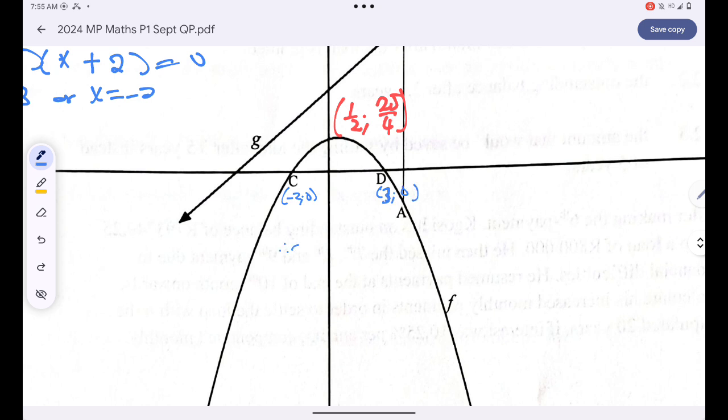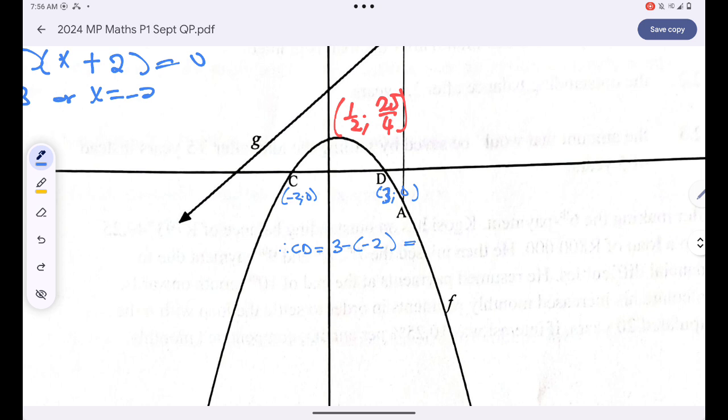So therefore, for the length of CD, whenever, guys, I want to find the horizontal distance, I only need to focus on the x values because the y value is the same, so it will simply nullify. The only significant figure that you have is x. So I'll simply say 3 minus negative 2.